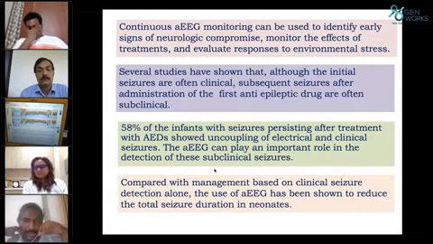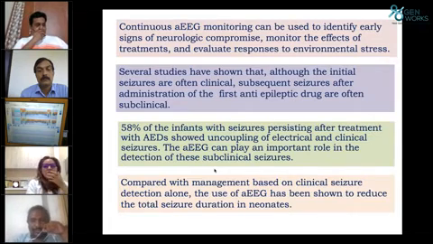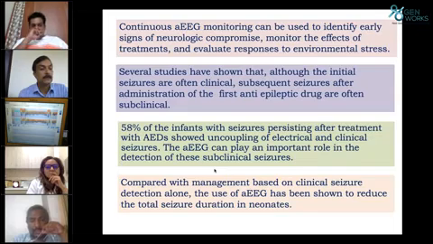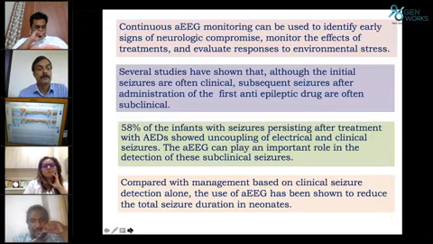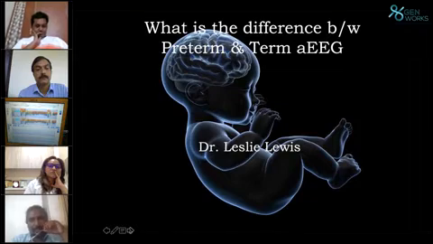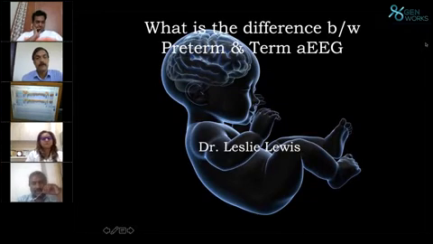Around 58% of the seizures persisting after any treatment show uncoupling of electrical and clinical seizures. So AEG has an important role in detecting these subclinical seizures after medication. Our goal is to treat all these seizures to prevent brain injury. This is the most important: to detect the undetected seizures electronically.